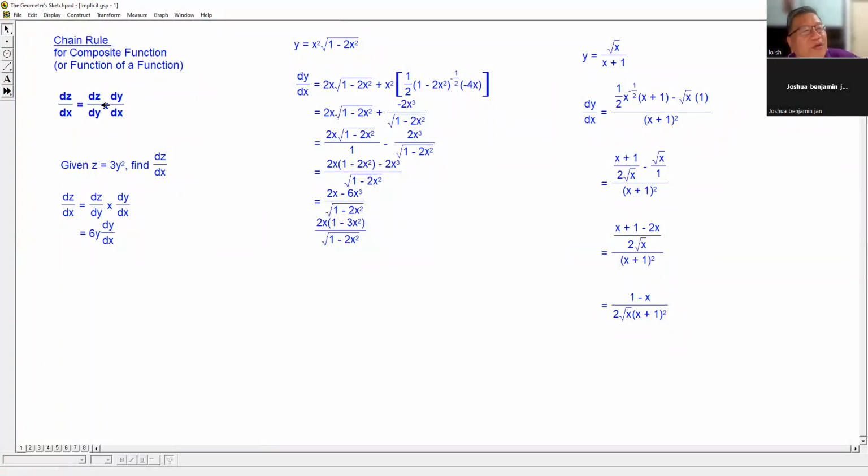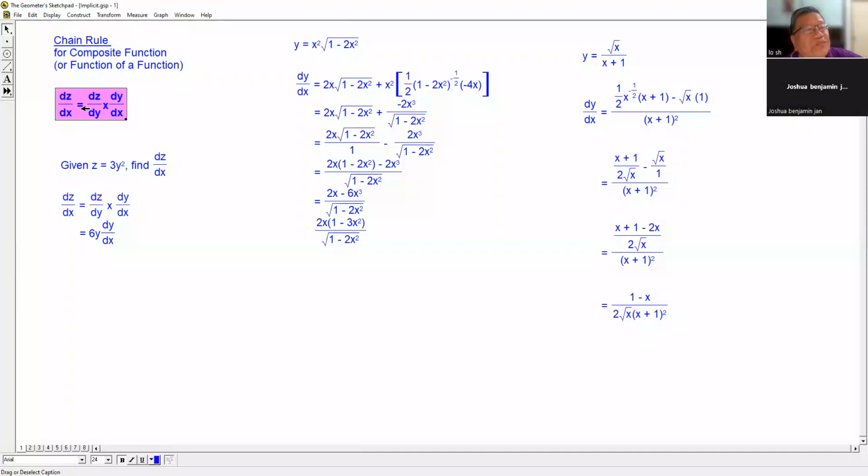Okay, what is chain rule? Chain rule is this one. So it involves three variables, or at least two variables. You know what is a variable or not? Yes. Variable is x, y, z. Sometimes we even use t to represent the variables. Okay.